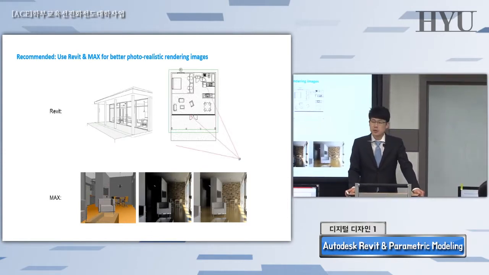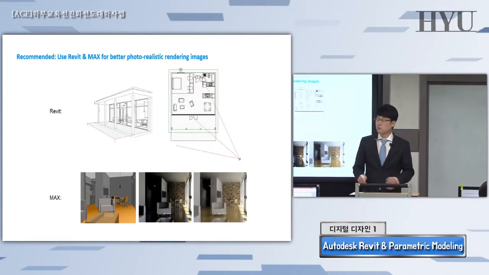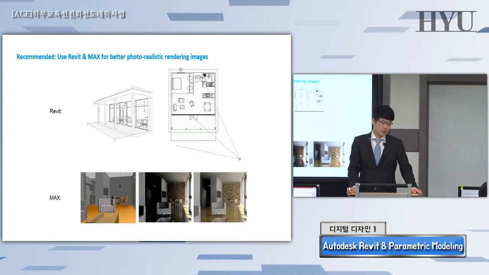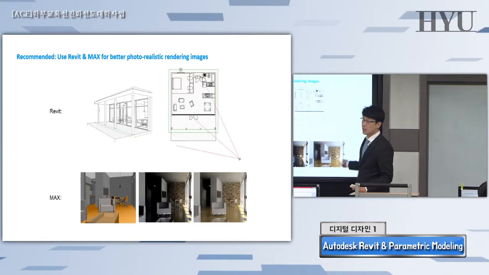It's an efficient way. So this is one interoperable way to enhance such BIM tools for designers, architects, interior architects. So this is an example. And next time, we're going to deal with something like this lab exercise, one of the lab exercise topics.